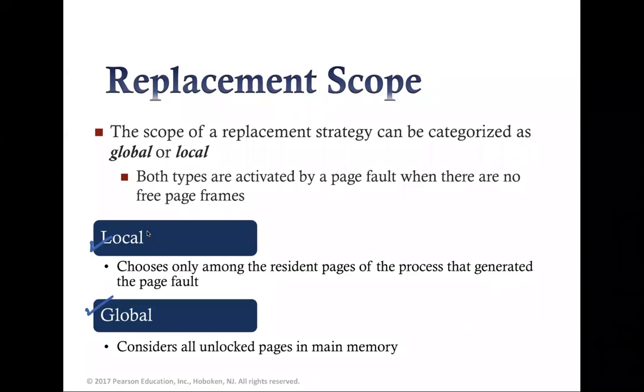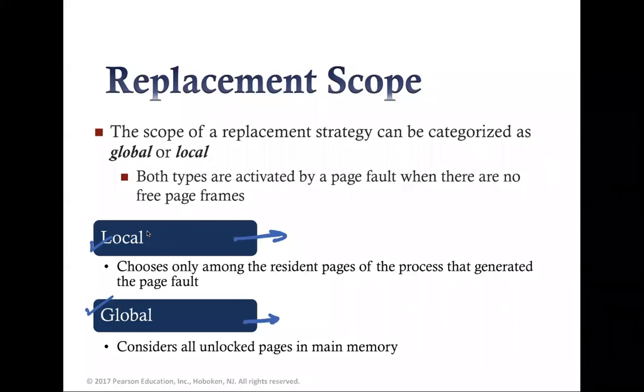A local replacement policy chooses only among the resident pages of the process that generated the page fault in selecting a page to replace. On the other hand, a global replacement policy considers all unlocked pages in main memory as candidates for replacement, regardless of which process owns a particular page.